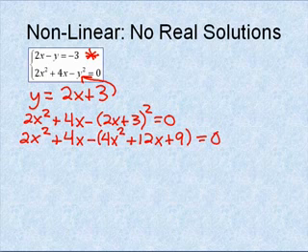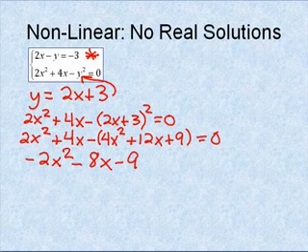So now I have 2x squared minus 4x squared. That's going to give me a -2x squared. I have 4x minus 12x. That's going to give me a -8x. And then I have a -9 equals 0.